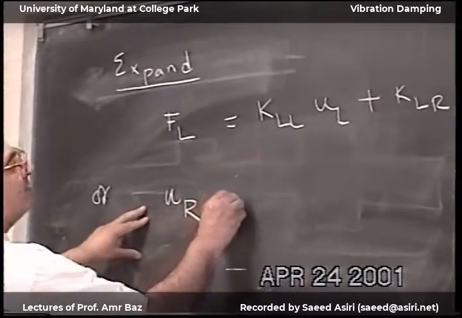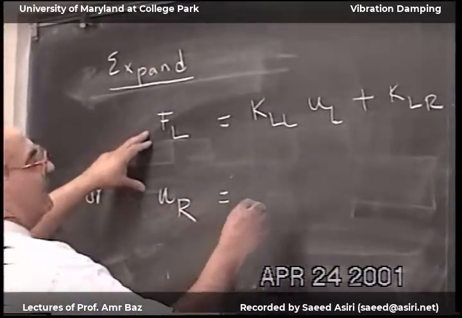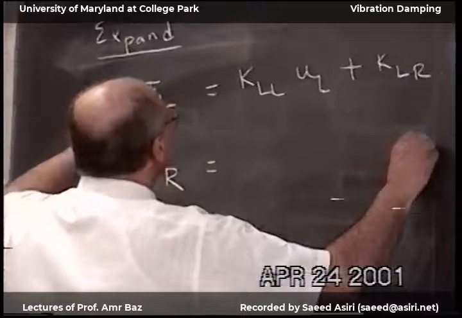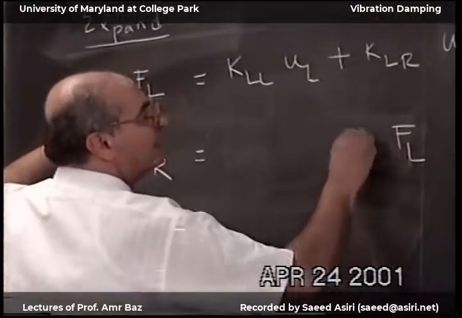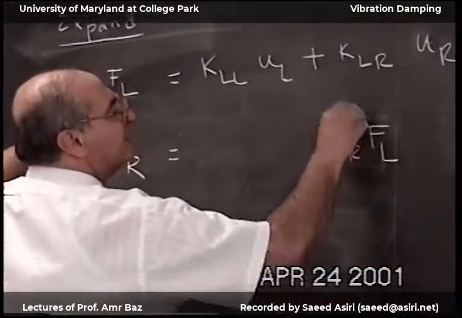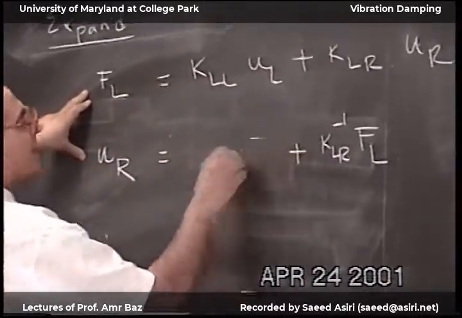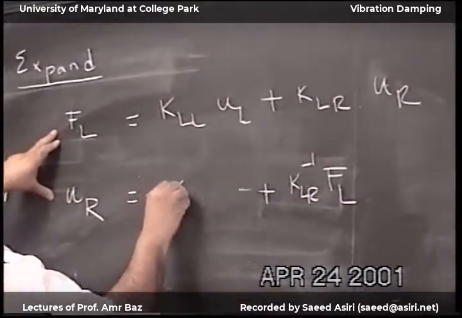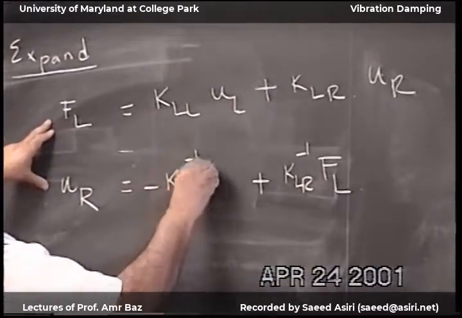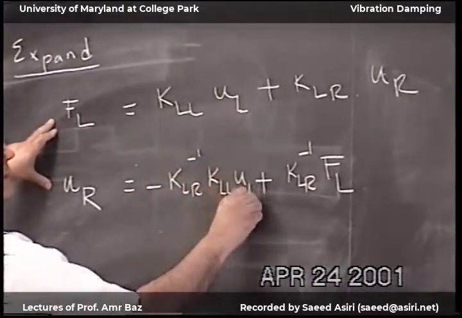So this will equal to KLR inverse FL, and then I move this to the right hand side, so this becomes KLR inverse KLL UL.